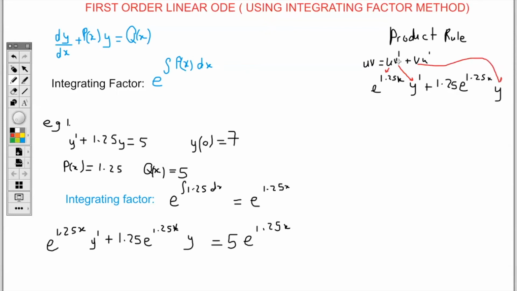So it means v would be y, and u prime will be the derivative of this, will give us 1.25 times e to the 1.25x. So we're able to establish that u is e to the 1.25x, and v is y.